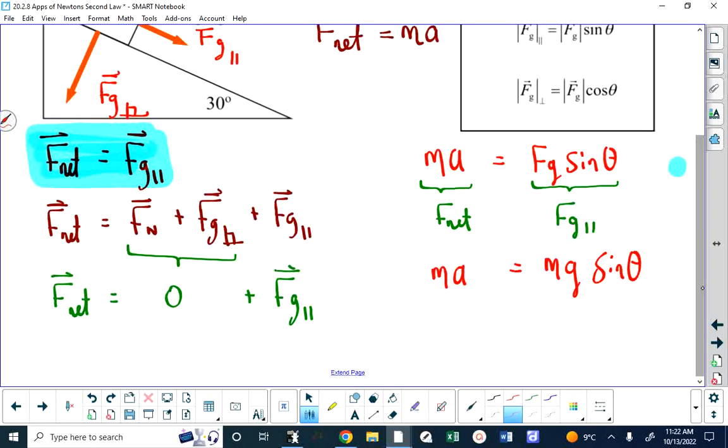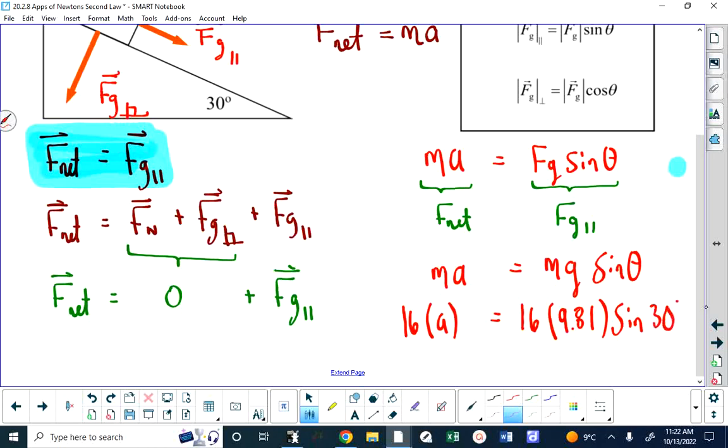The mass, which is 16 kilograms, times the acceleration equals the 16 kilograms times 9.81 times sine of 30 degrees. And what I will be finding is the acceleration along the parallel component orientation down the ramp.